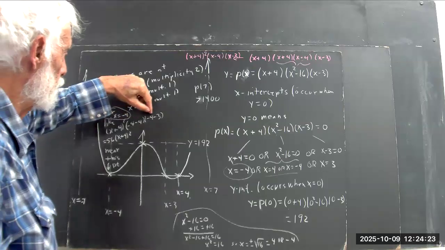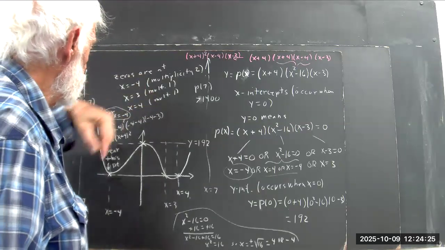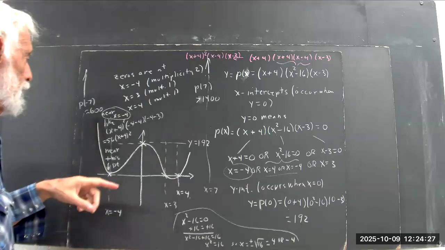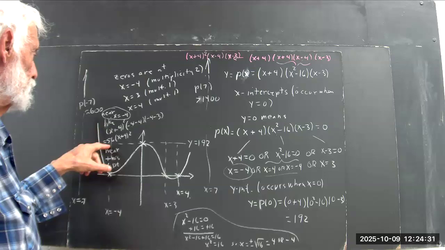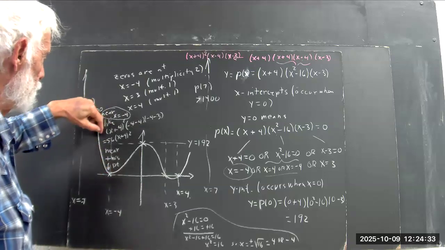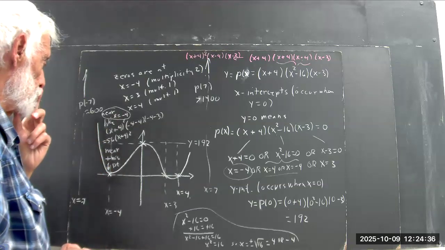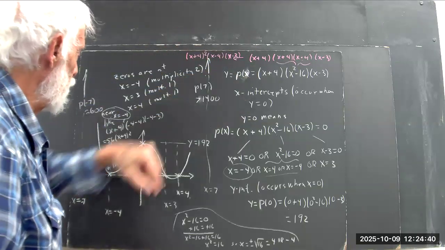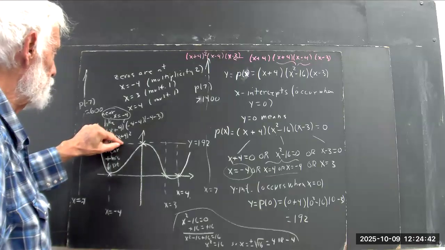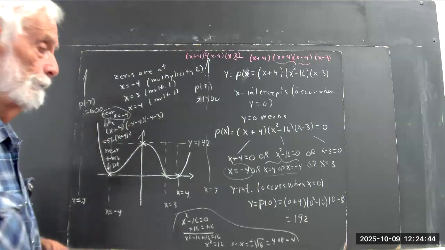You get negative 4 minus 4, negative 4 minus 3. This is negative 8 times negative 7, which is 56. So you get 56 times x plus 4 squared. Near this point, this whole function acts like 56 times x plus 4 quantity squared.